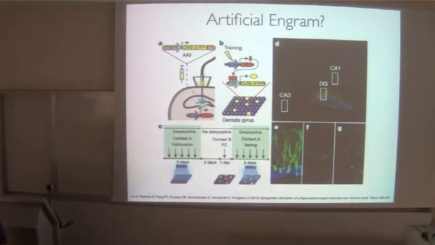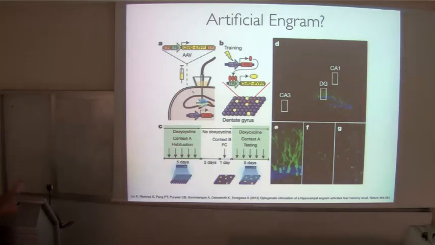What's the idea? Now we inject these viruses into the dentate gyrus, and you see that it's actually expressing in the dentate gyrus. And you do the following experiment. You put DOX on, so this link is off, no channelrhodopsin is expressed, and you get the animal habituated to light inside a specific box.